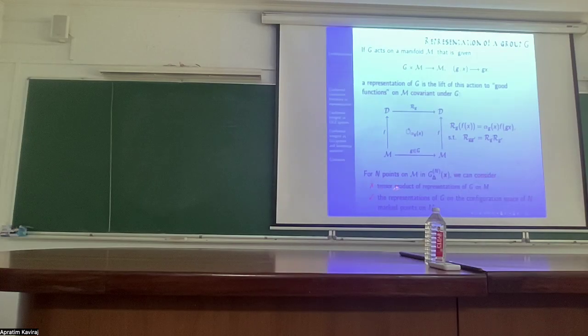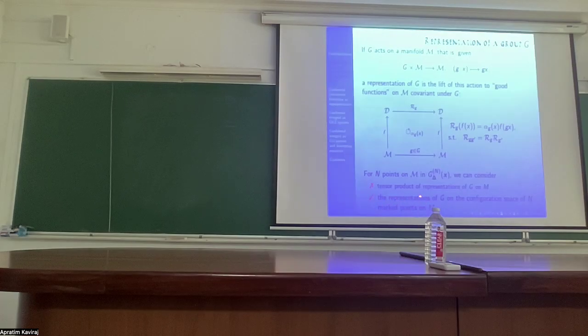We can consider either tensor products of representations of G on the manifold itself, which I will not do, or, in classical mechanics, we have all studied things like a configuration space. So I have some kind of manifold and there are n points that go down to the manifold, right? So the space of n points moving in the manifold, the usual configuration space of points. Typically, it's a very complicated space, but on the other hand, there are some results known which will be useful.